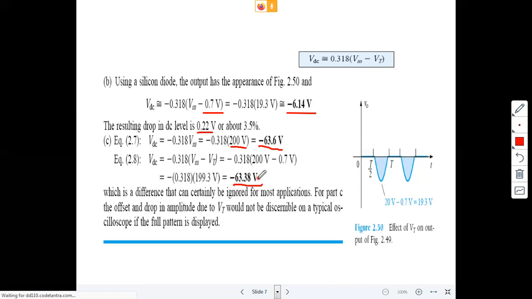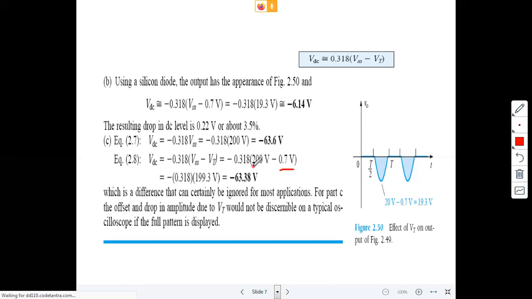Now compare the results. Here, as the AC amplitude is very large, we can neglect the 0.7 volt drop, right? That means the behavior of the circuit is approximately equal to the ideal diode behavior if the AC amplitude is very large compared to the diode cut-in voltage.